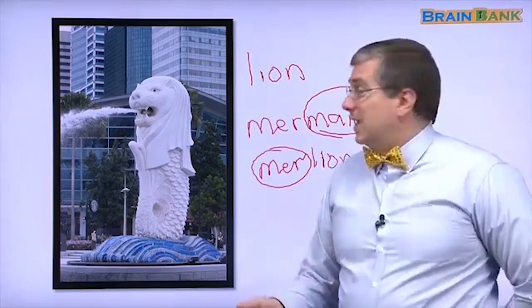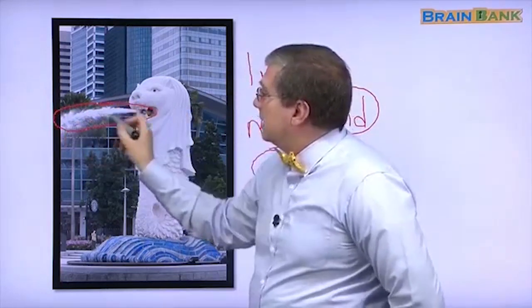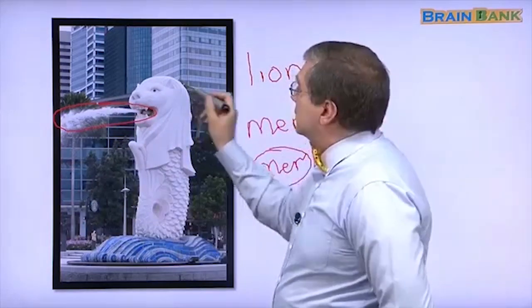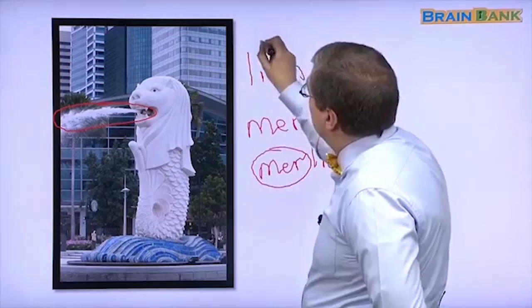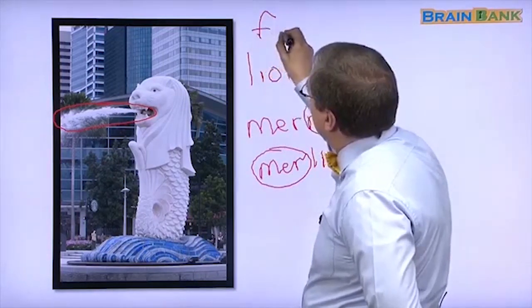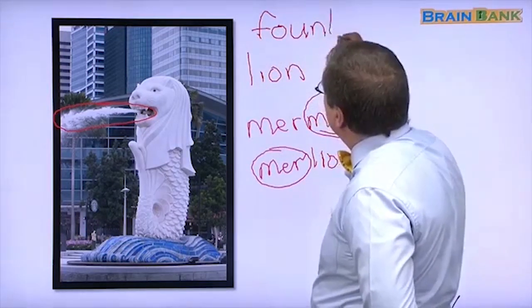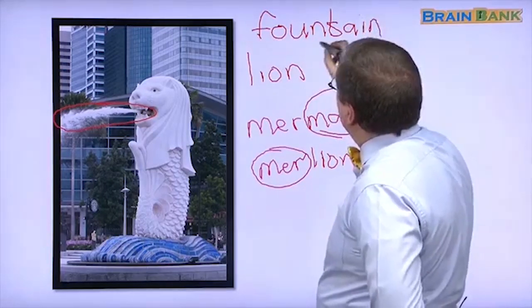It's a stone statue. It's also, you see, what's this? This is water. Water is coming out of its mouth. So some statues, we call them as, whoops, let me see this, fountain. F-O-U-N-T-A-I-N.